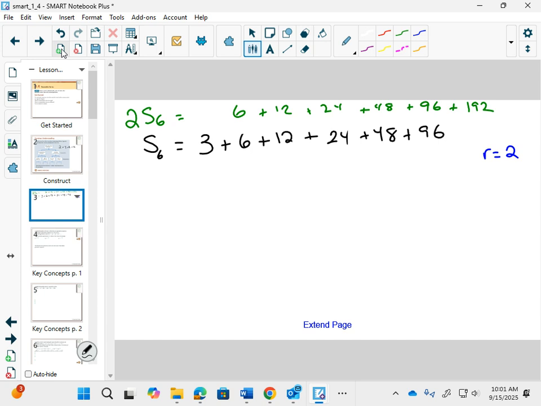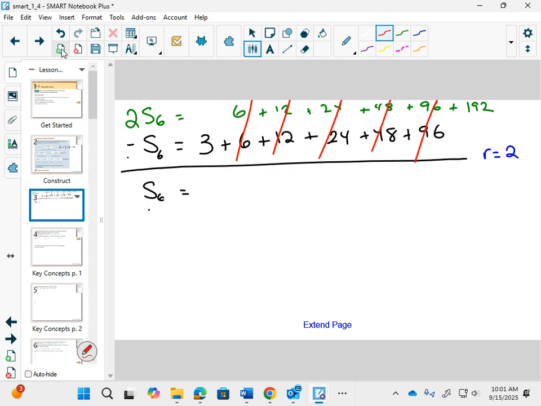Can you see that if I take 2 sums and minus 1 sum, I would be left with just 1 sum? 2 sums minus 1 sum is 1 sum. If I subtract on the other side, do you see that subtracting would make all of those go away?